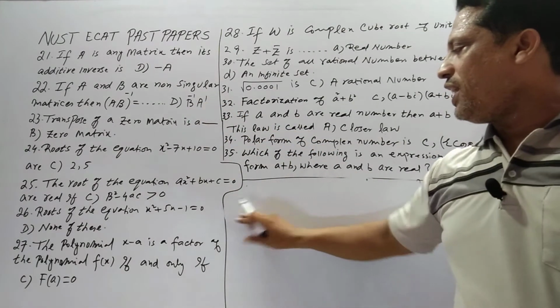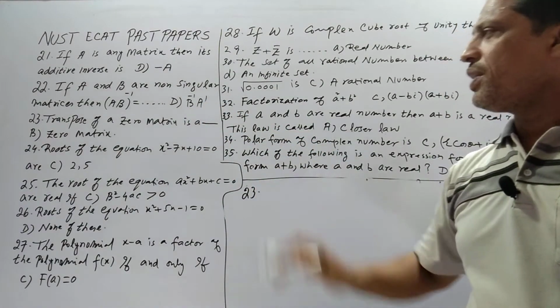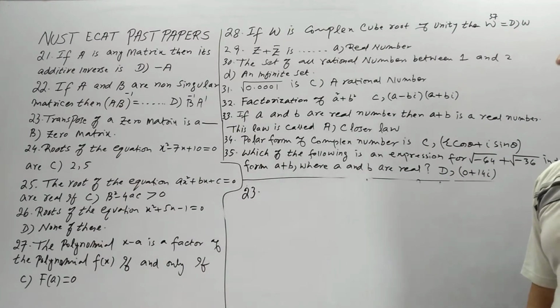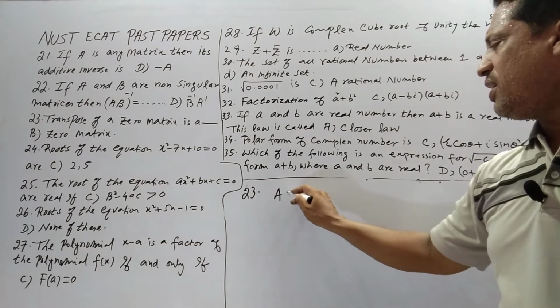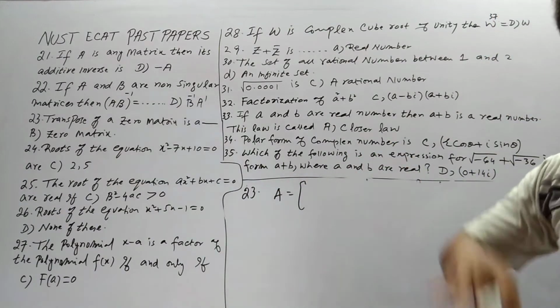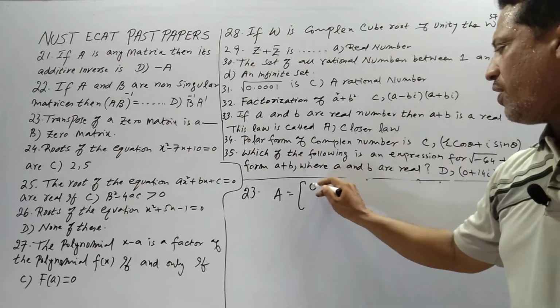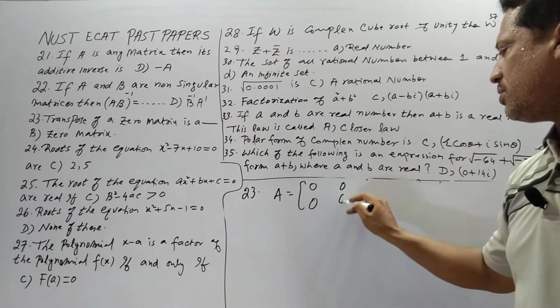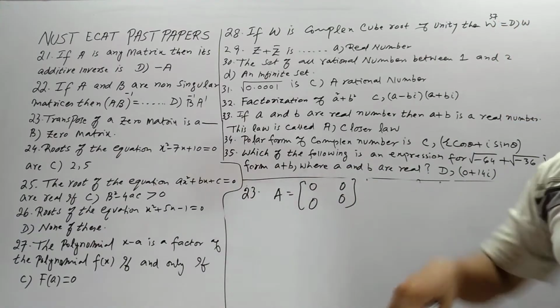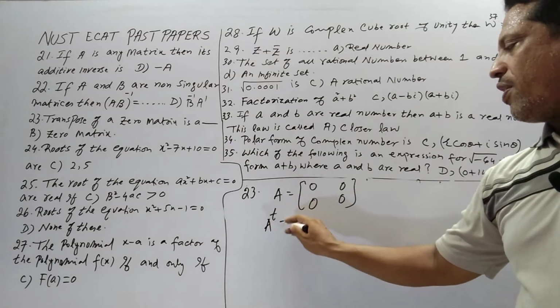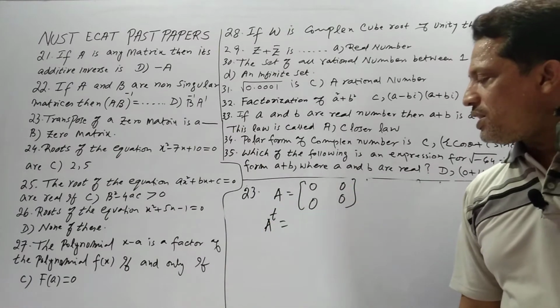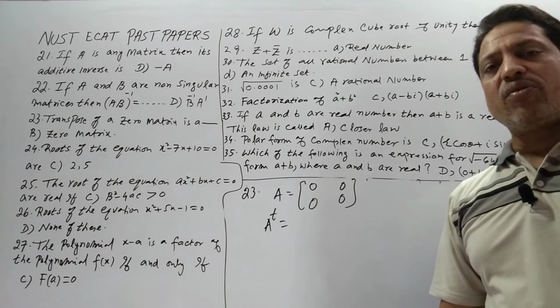Now see MCQ number 23. Transpose of a 0 matrix is dash. Very easy. Let's suppose you have a 0 matrix, meaning all the elements are 0. If you find the transpose of this matrix, transpose means changing columns into rows and rows into columns.